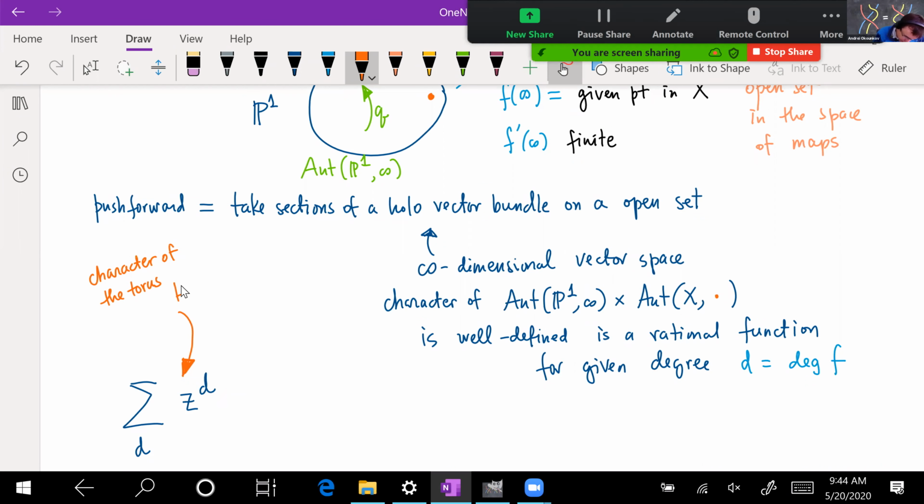The torus will take the second homology of X with Z coefficients, tensor C star, the multiplicative group of the field, times this rational function.